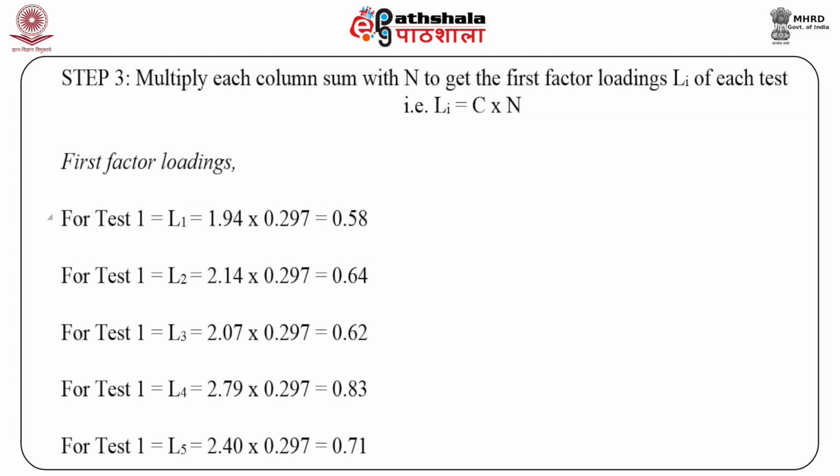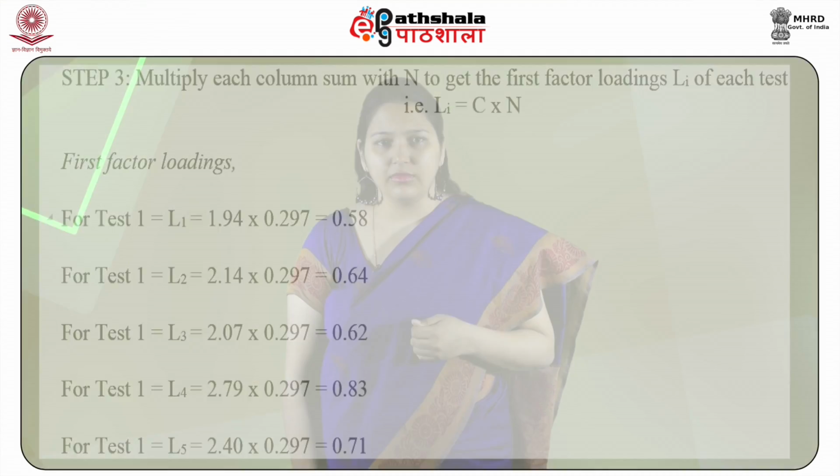For test 1, L4 is equal to 2.79 into 0.297, which is equal to 0.83. For test 1, L5 is equal to 2.40 multiplied by 0.297, which is equal to 0.71.